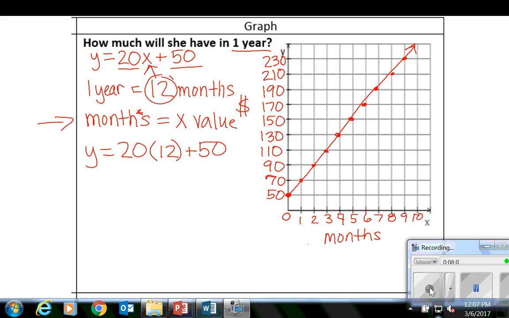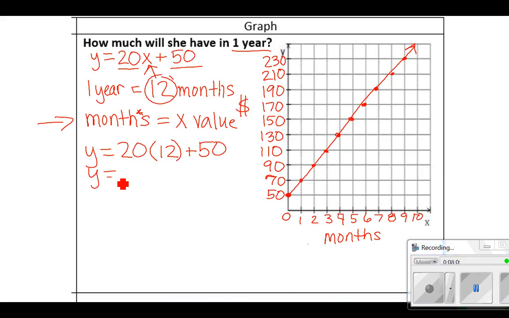When you solve this, we get y equals 240 plus 50. So that is y equals 290. Well, she's going to tell people after a year y equals 290. That doesn't mean anything. We need to know what 290 means. We know it's dollars because that's what the y value is. $290.